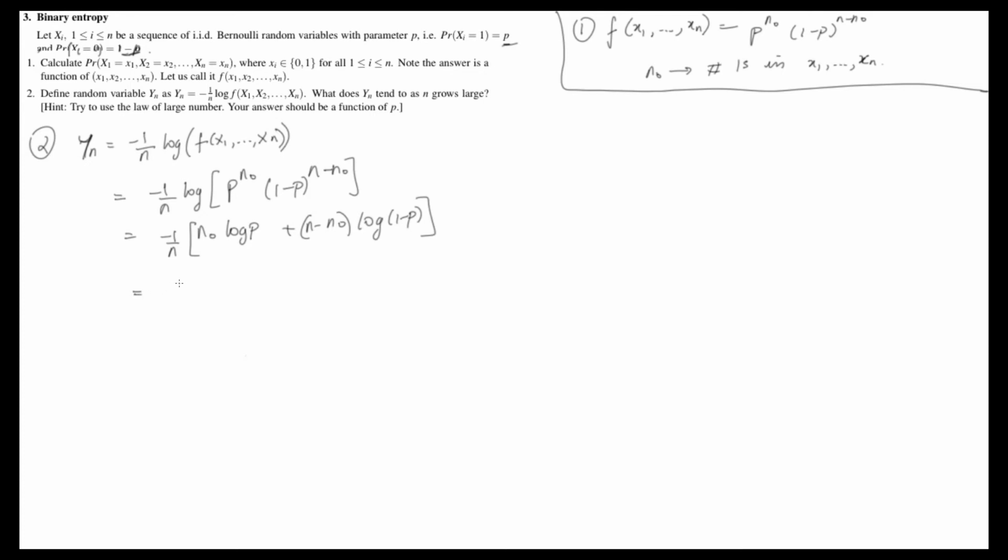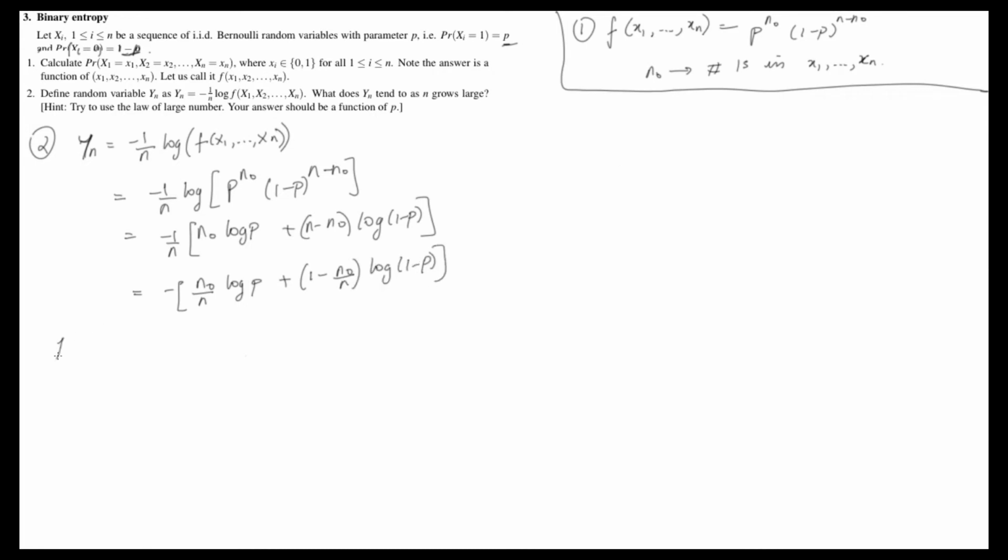So now this is equal to -n_1 over n log p plus (1 minus n_1 over n) log (1 minus p).